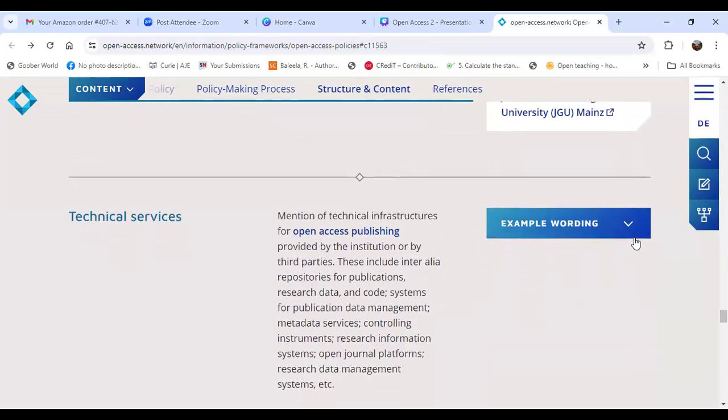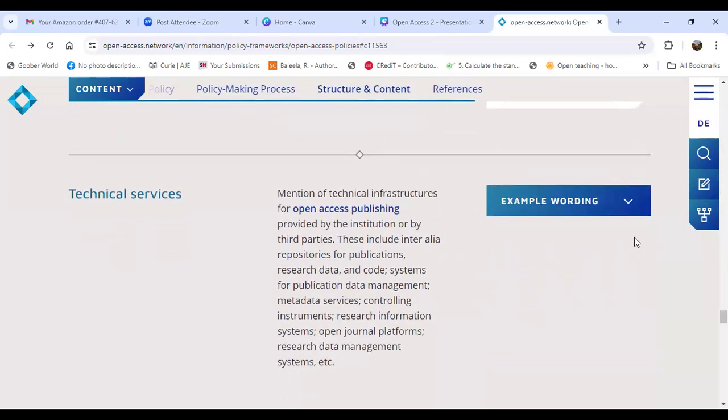Some of the final sections contain technical services because open access depends largely on IT infrastructure as well.